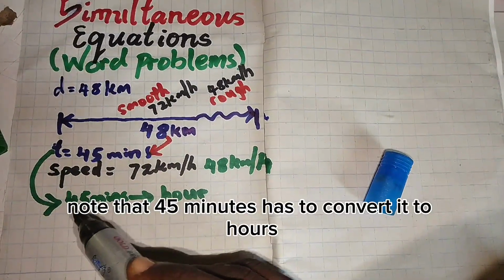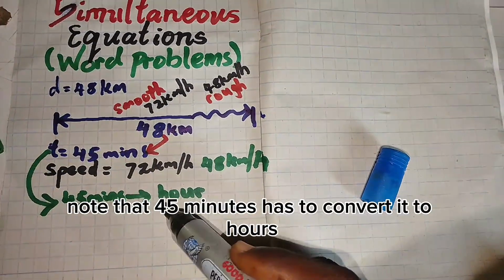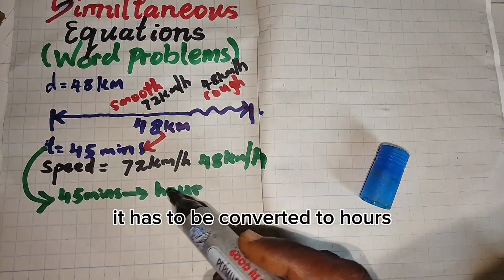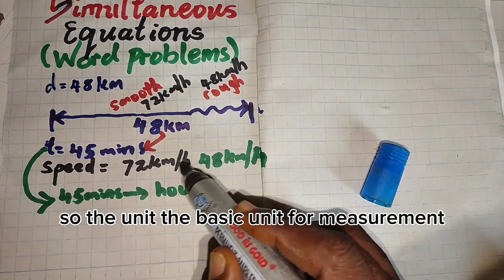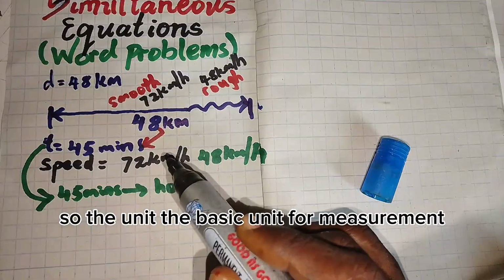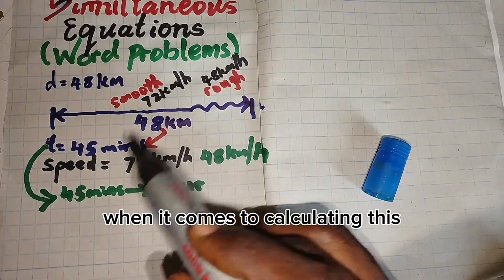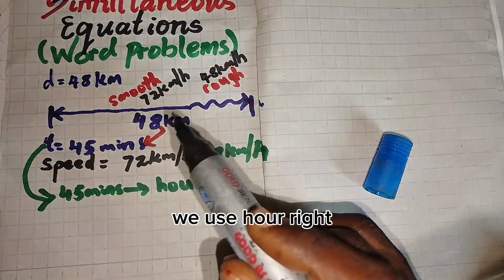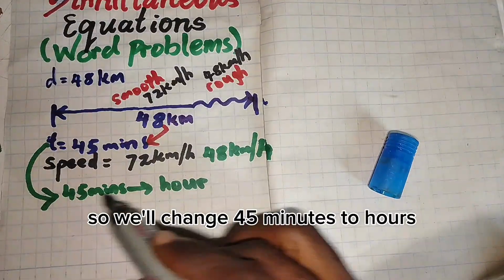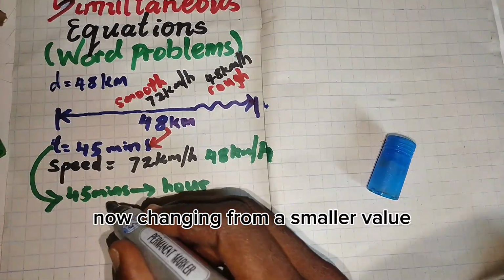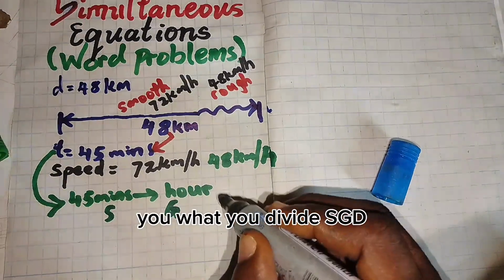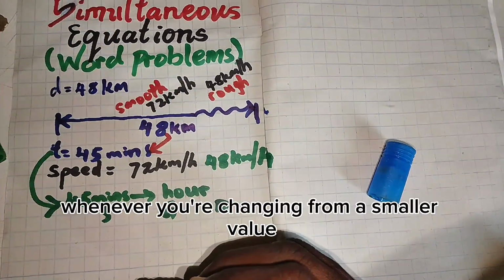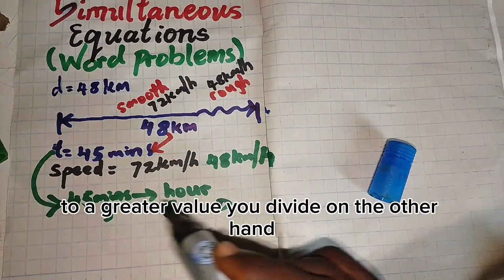Note that 45 minutes has to be converted to hours, because you're dealing with hours. The basic unit for measurement when it comes to calculating this is the hour, right? So we'll change 45 minutes to hours. Now I'm changing from a smaller value, which is minute, to a greater value. You what? You divide. Whenever you're changing from a smaller value to a greater value, you divide.